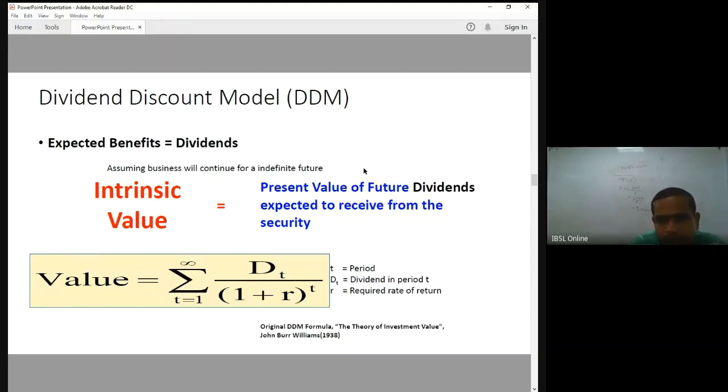The benefits you get are the dividends. Assuming businesses will continue for an indefinite period, the intrinsic value is the present value of expected future dividends, calculated using this formula: the dividends divided by 1 plus the discount rate to the power t.